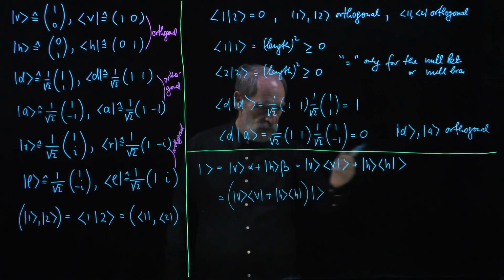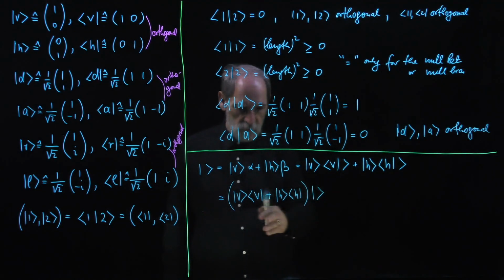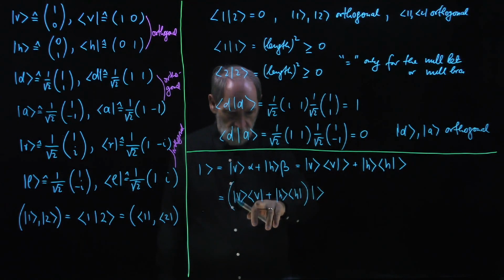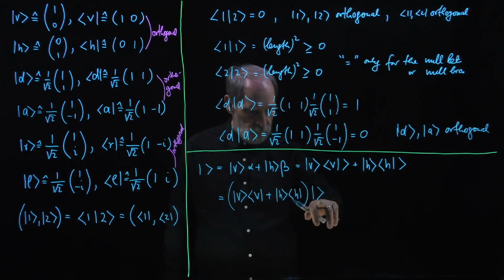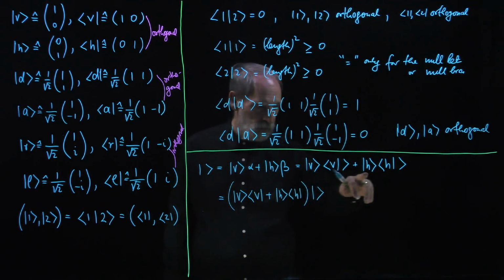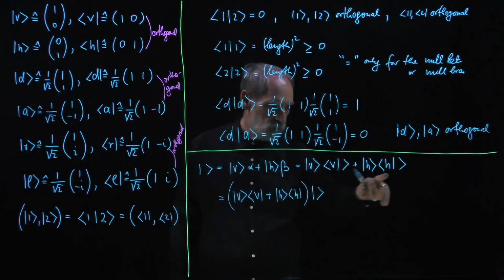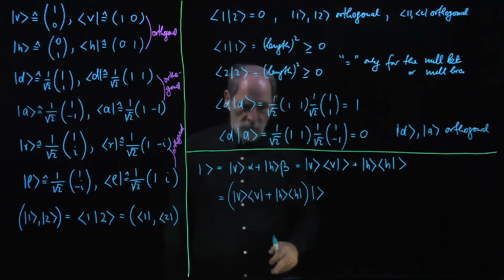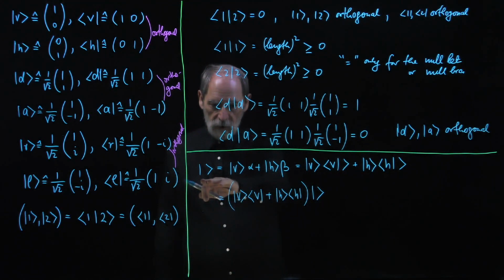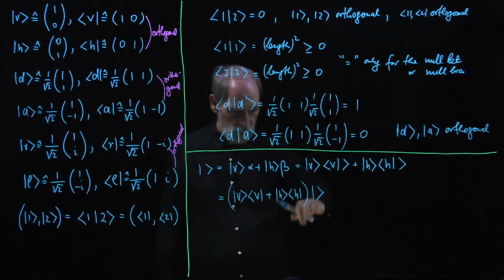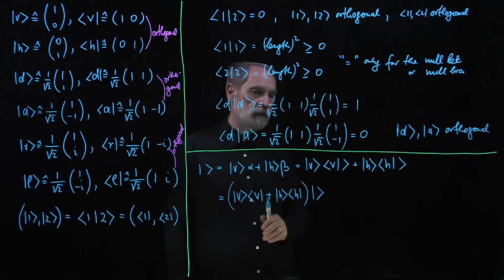Well, that's just a different way of reading this, because the V ket times the generic bra is just this bracket that appears here, and the H bra and the generic ket, that's just this bracket that appears here. But here we have written the generic ket is equal to something times the generic ket.